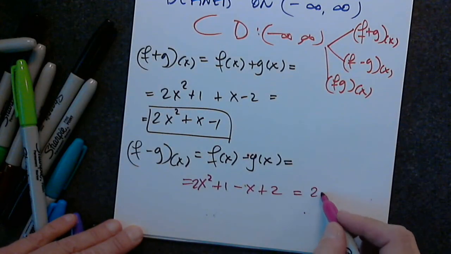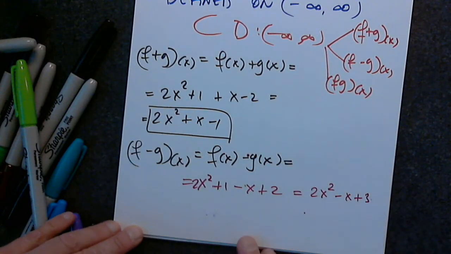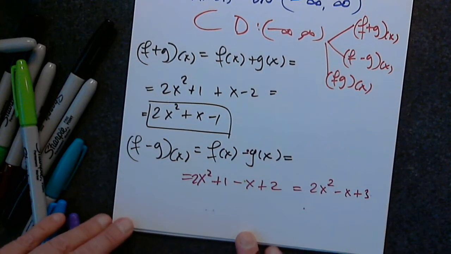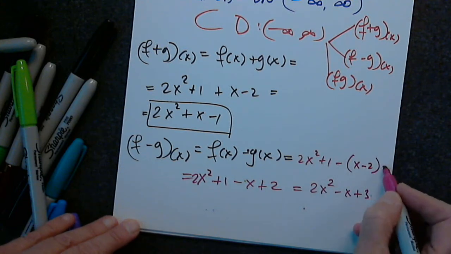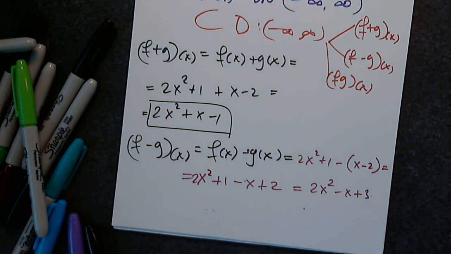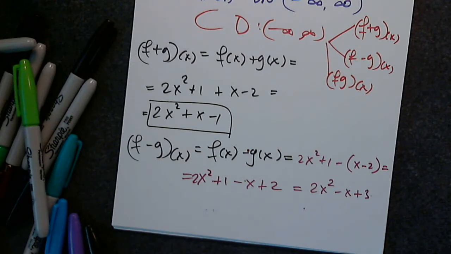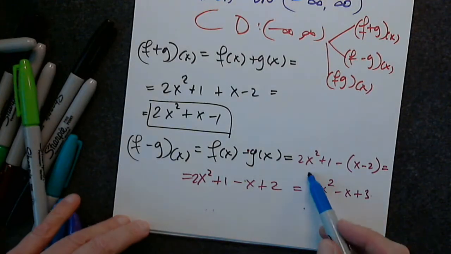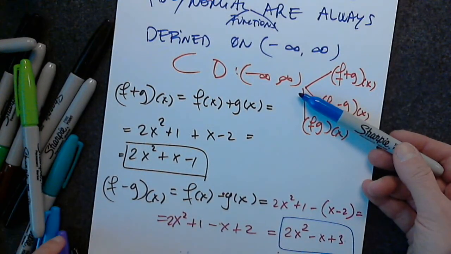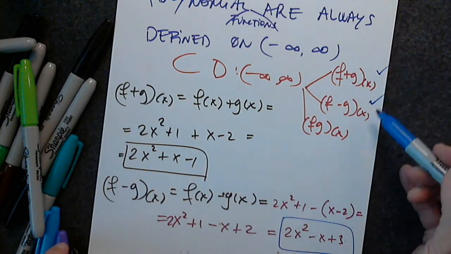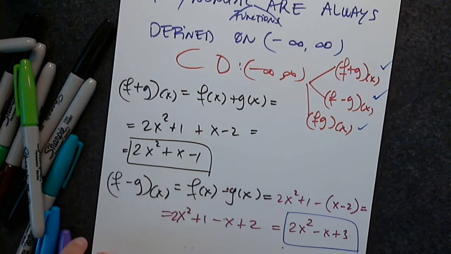So then 2x squared minus x plus 3. If you have any doubts, let's write it and put parentheses around it, and you distribute negative 1 to x and negative 1 to negative 2. You understand that the domain of these functions is definitely all real numbers. There is no discussion. This is always the same for any two functions.